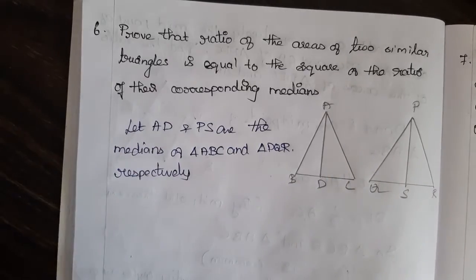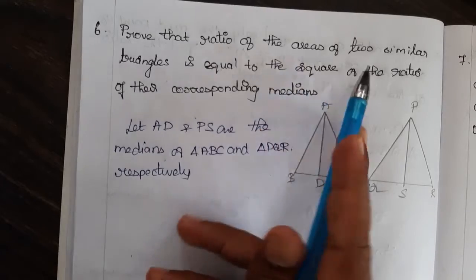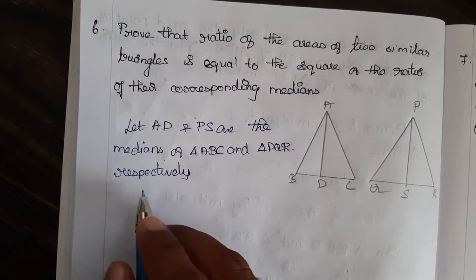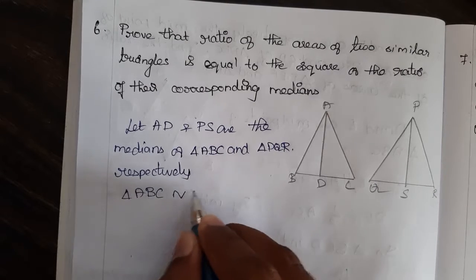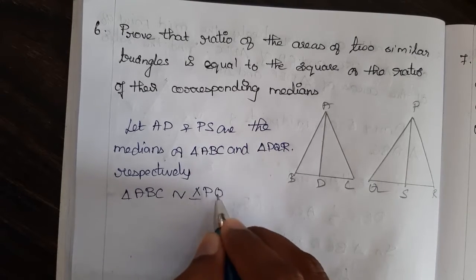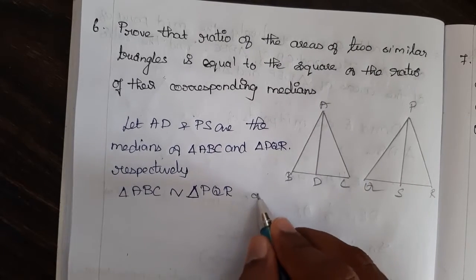And it is given that the two triangles are similar. So triangle ABC is similar to triangle PQR, which is given.